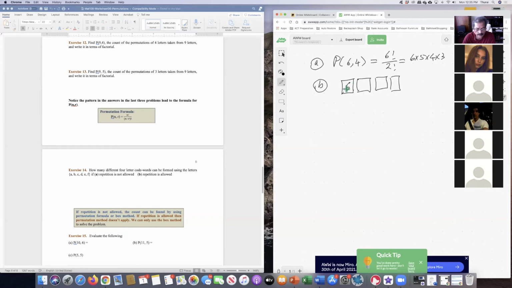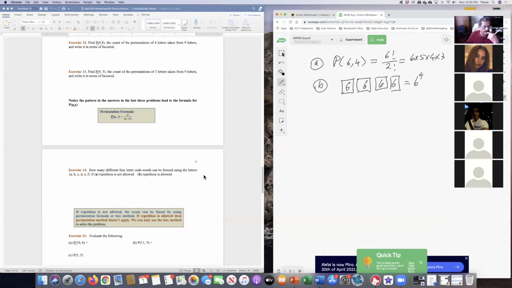How many ways for the second one? 6. 6 and 6 and 6. Repetition is allowed means it's the same number. So 6 to the power 4. If the boxes are like 10, then it's 6 to the 10. So that's when you need to use the calculator to find the exponent.